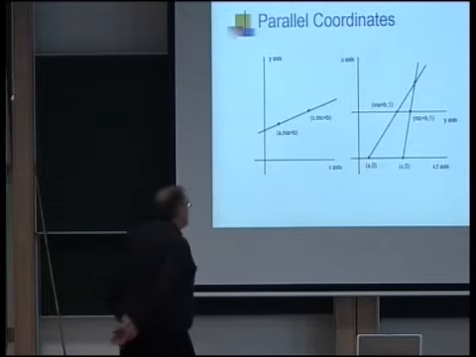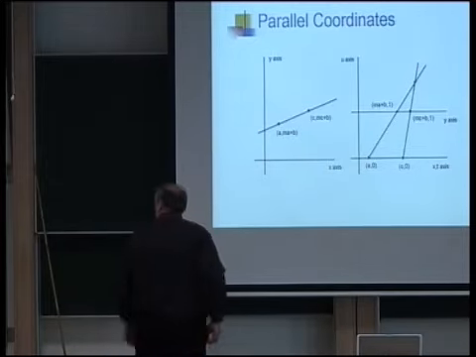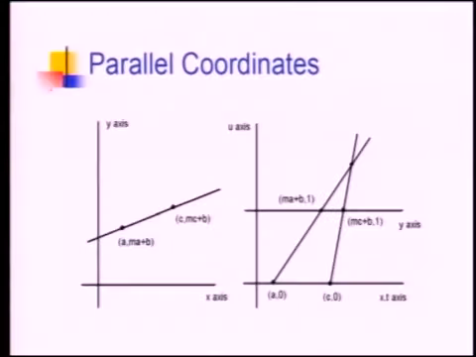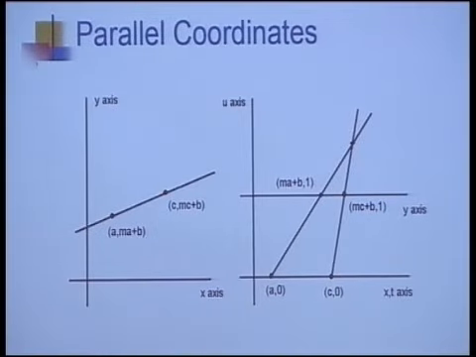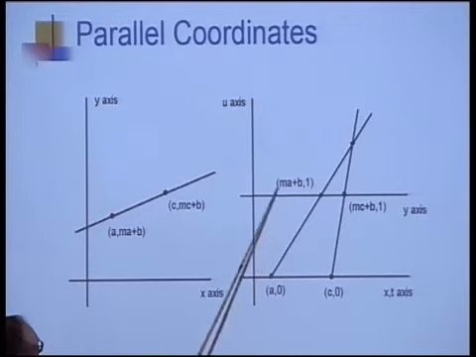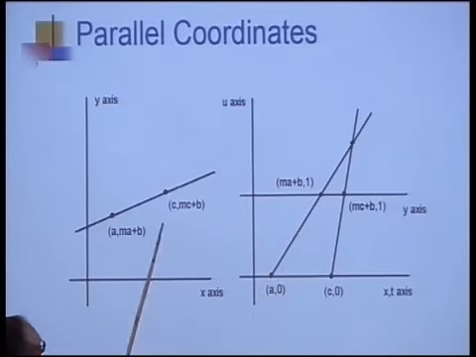Now this is the basic idea. If we have a Cartesian plot here on the left-hand side, we have a point A and a point C, and those 2 points determine a line. The way we do this in parallel coordinates is we draw an axis for the x-axis and we draw an axis for the y-axis.